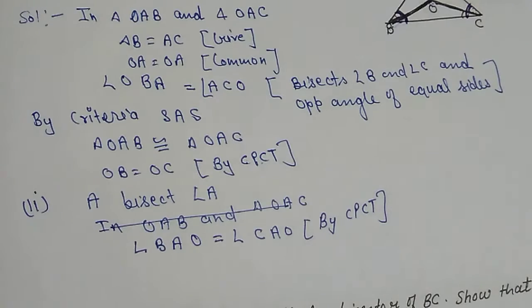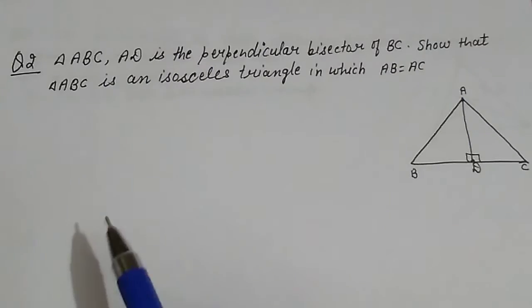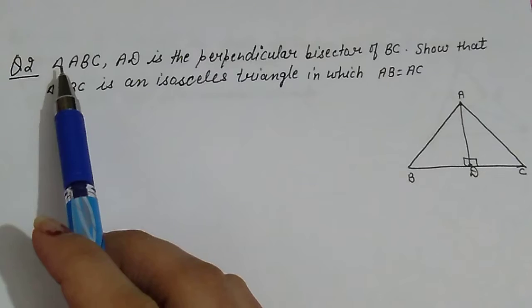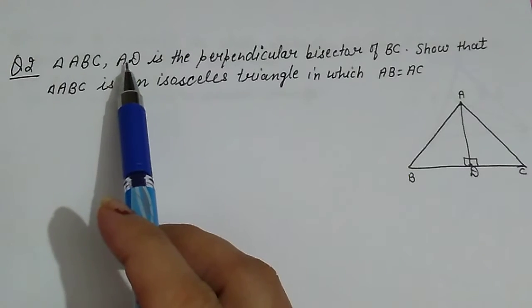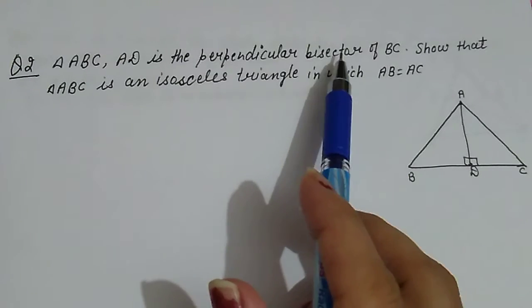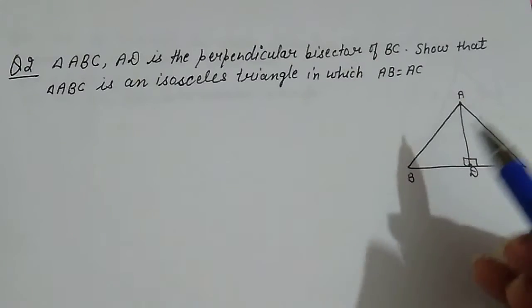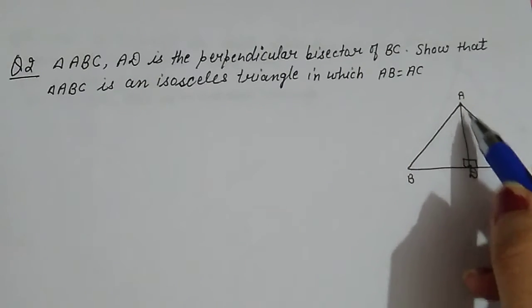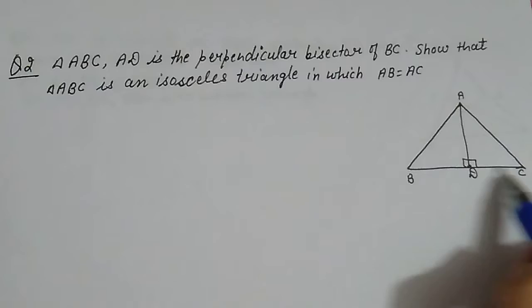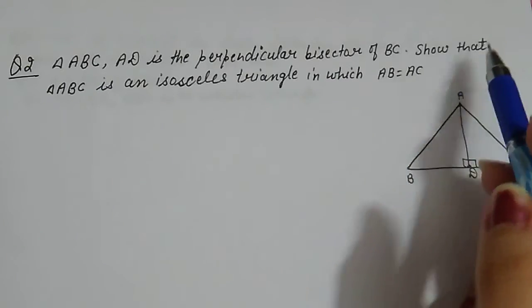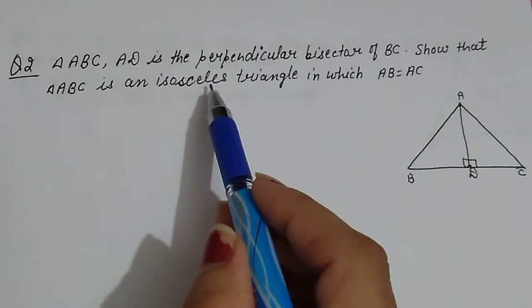Now come to question number 2. You are given triangle ABC where AD is the perpendicular bisector of BC. Show that triangle ABC is an isosceles triangle.